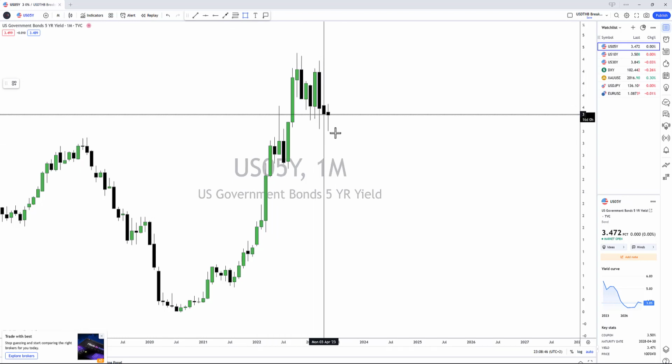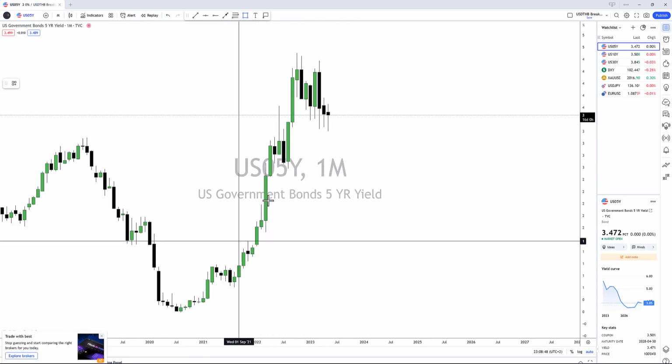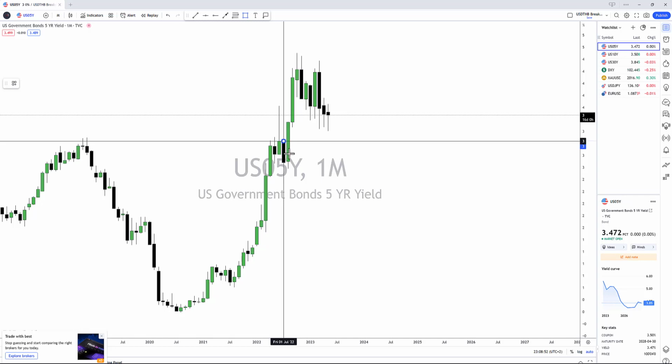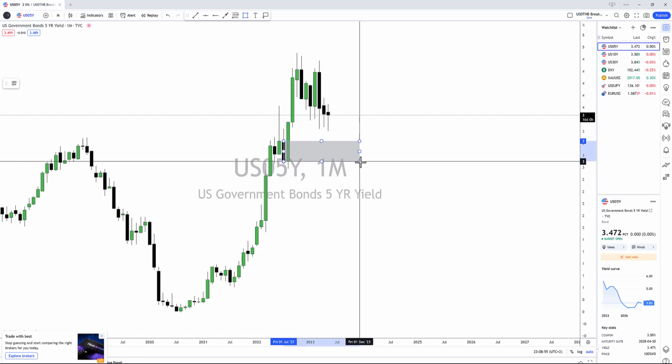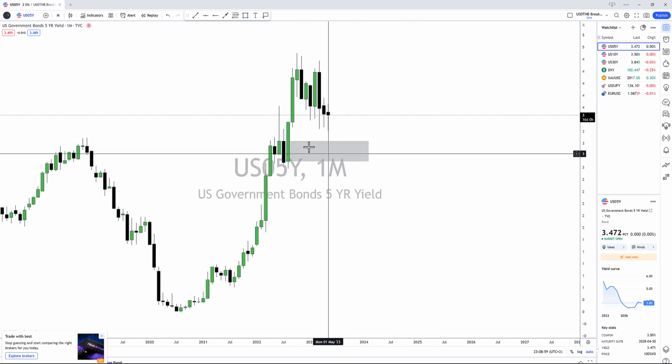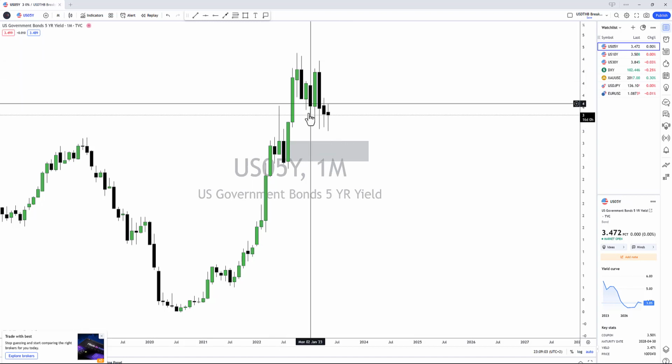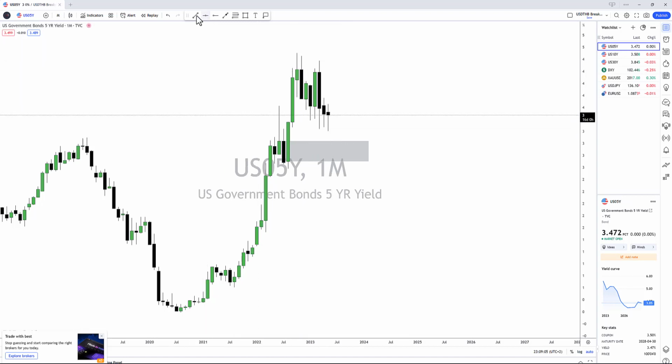And already from this whole monthly setup, you see there's a significant bullish order block right here, right? There's a significant bullish order block. Now, that bullish order block, the fair value gap has already been filled right here.